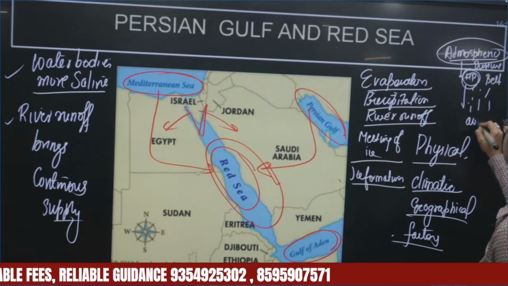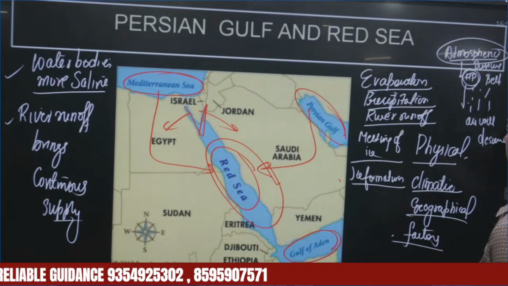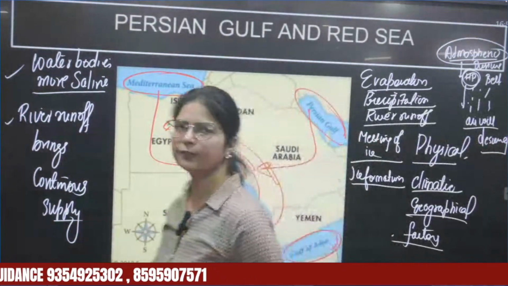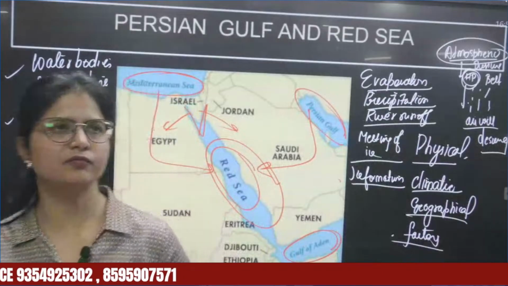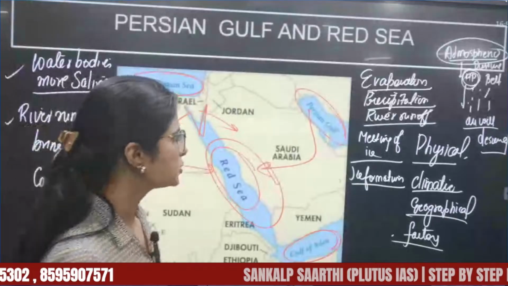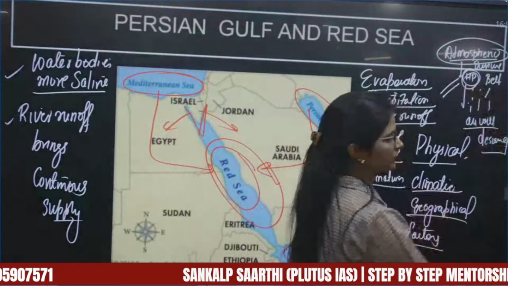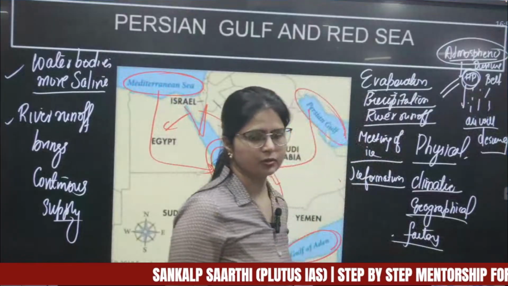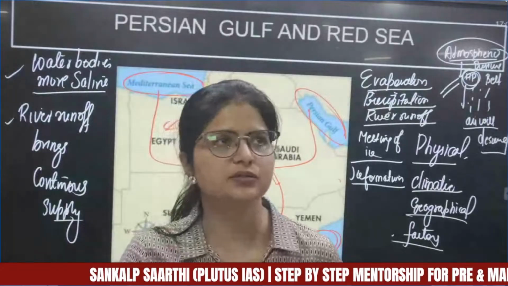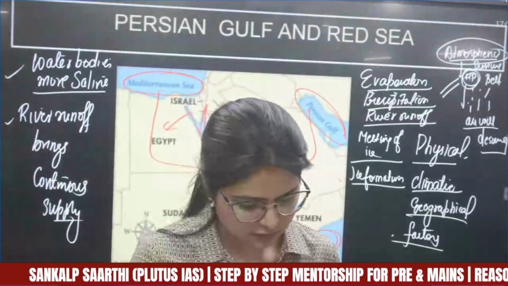The moment air descends, it will not create any cloud formation, and when there is no cloud formation, there will be no rainfall. So high pressure is also one of the important factors. Write down atmospheric pressures and winds.